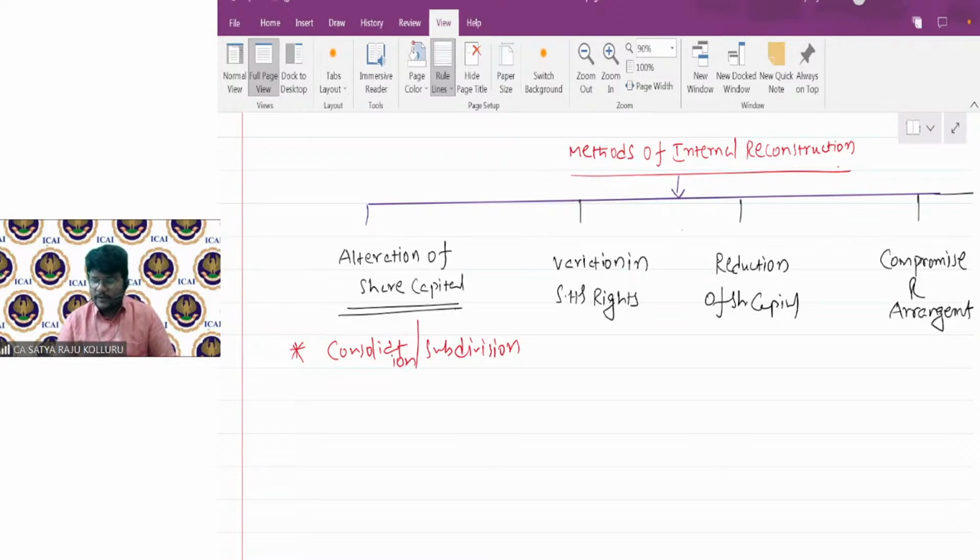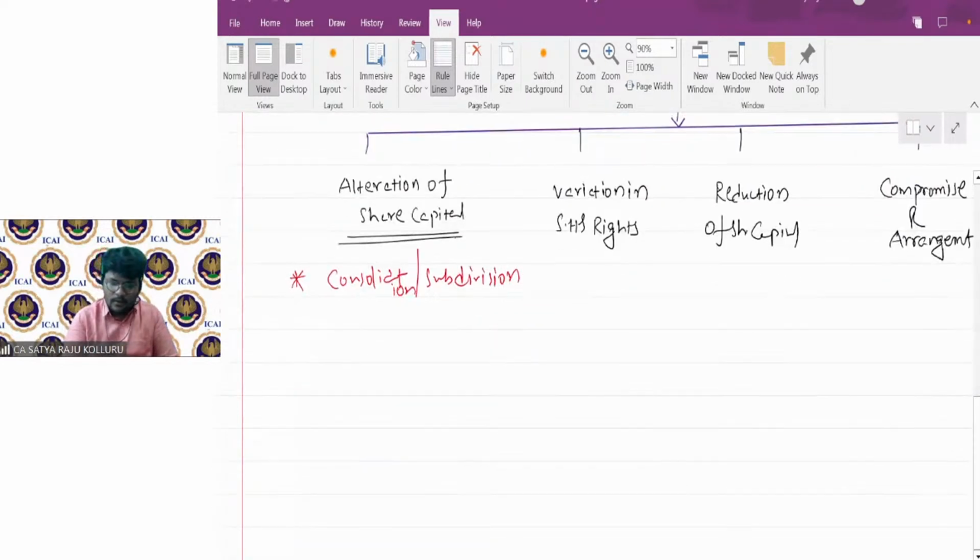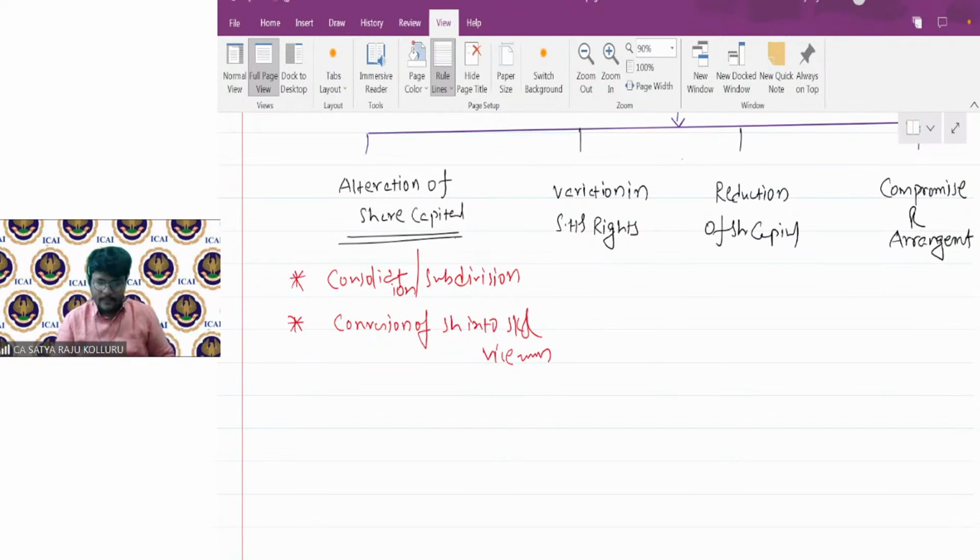In case of alteration of share capital, there may also be conversion of shares into stock and vice versa, that means stock into shares may also happen. And increase in authorized share capital we can also treat as alteration of share capital only.